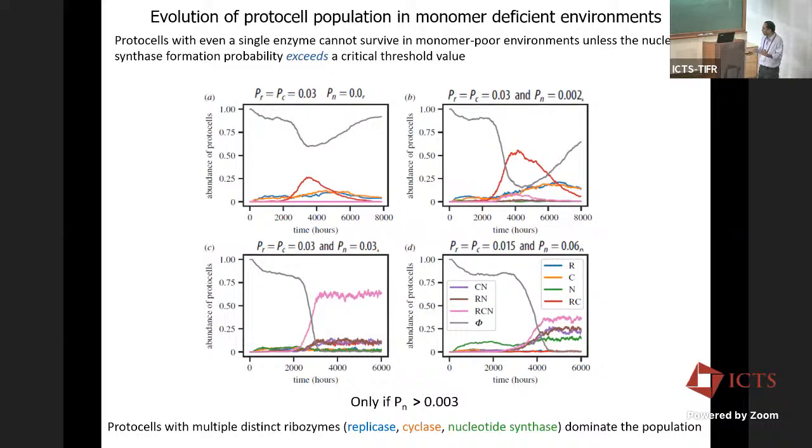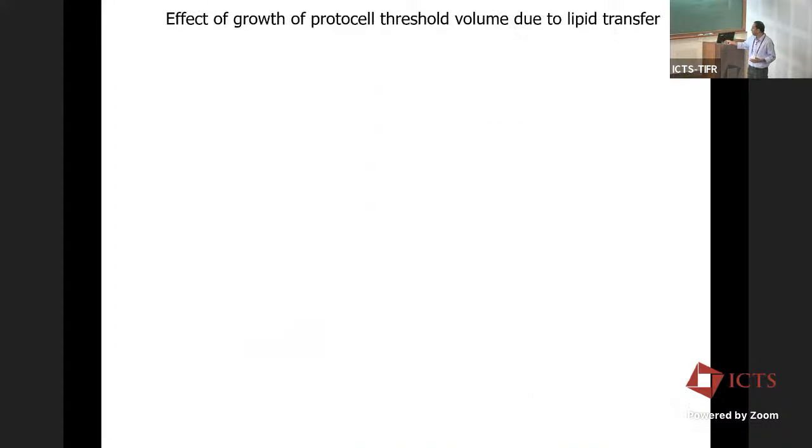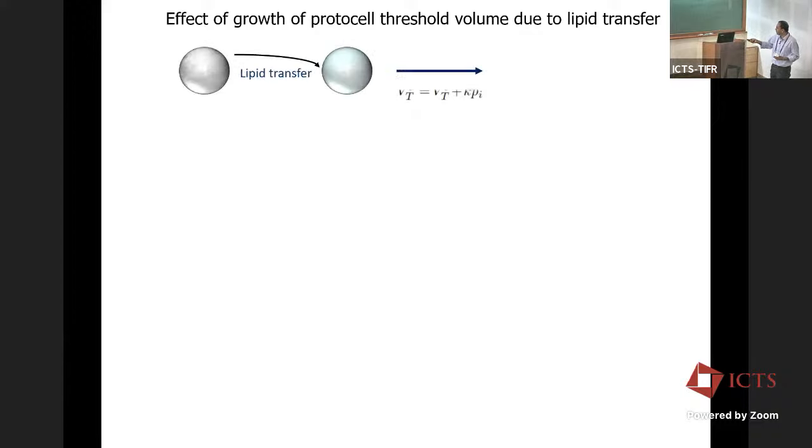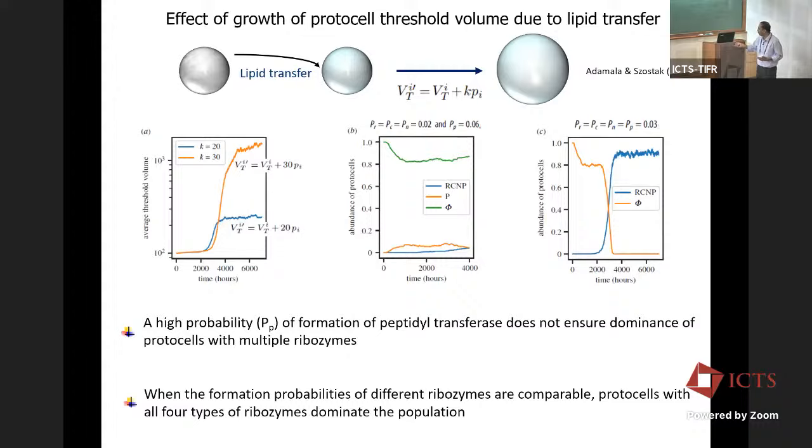So the whole idea of the game is to try to increase the number of useful components inside protocells, because that will favor those protocells compared to others. So I'll skip this part and get to the next point very quickly.